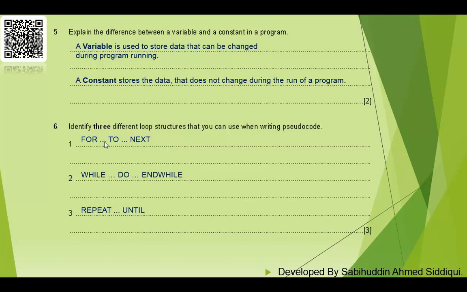The first one is for, this is the expression. For example, for A equals 1 to 100, right? This is the expression.